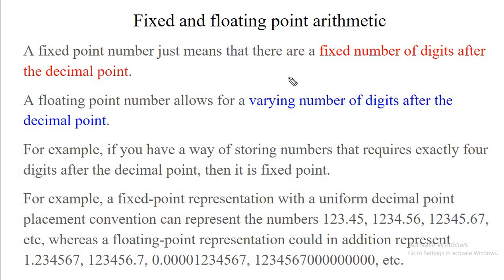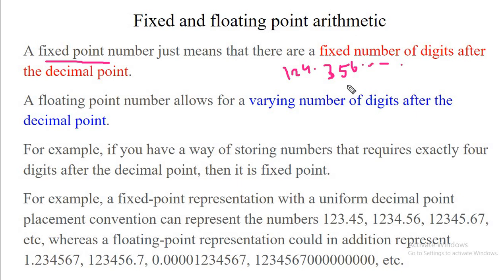So, you have certain numbers, say 1, 2, 4 and then after that you have a decimal, there will be some digits after this one. You are going to fix this. Say after the decimal point, you are going to consider only 2, only 3 or only 1. So, this will be fixed point representation or fixed point arithmetic.